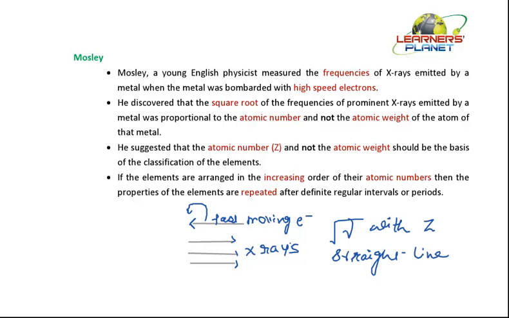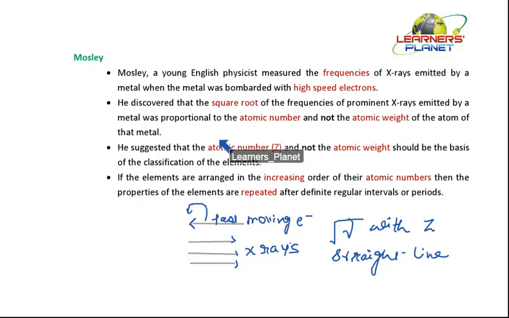When he did it with the atomic mass, the graph was erratic, and there was no relationship between them. So he concluded that the frequencies of the X-rays were proportional to the atomic number and not the atomic weight of the atom of that metal.